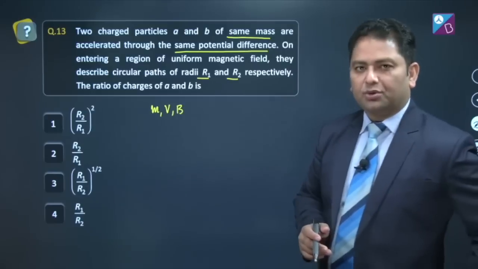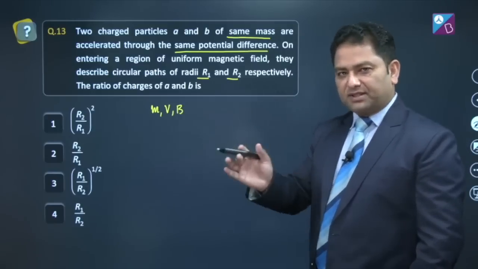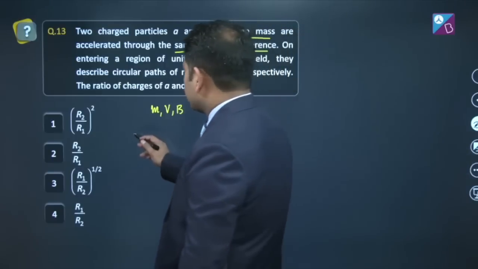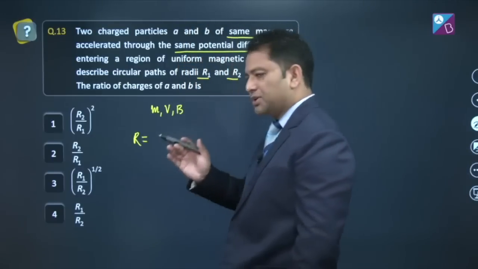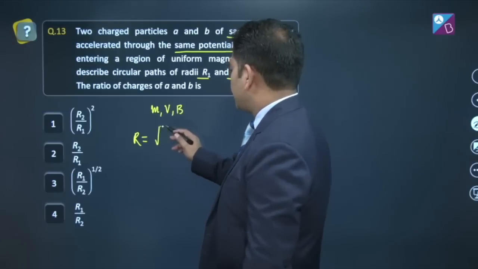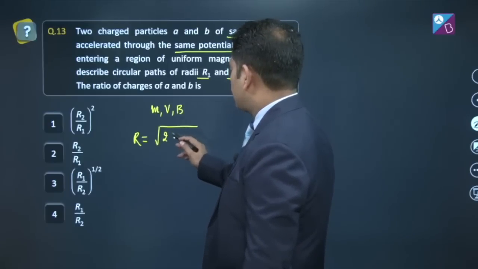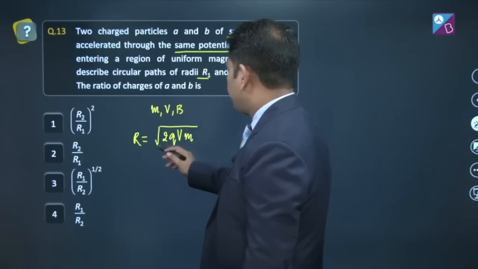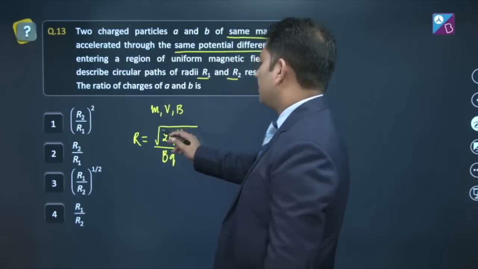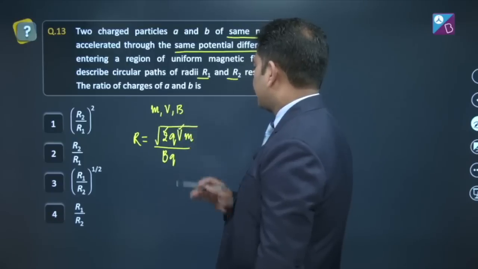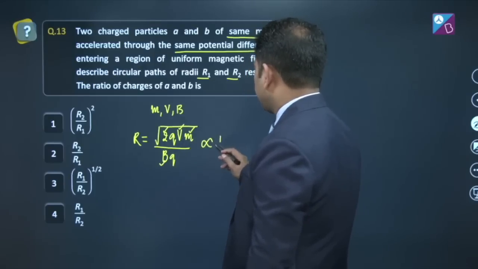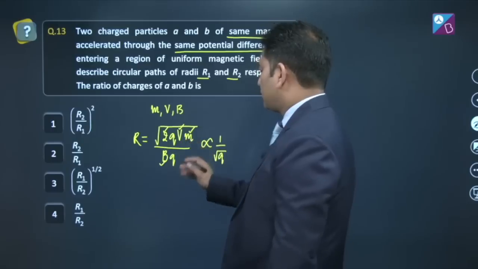This question is related to motion of charge in magnetic field, specifically when it describes a circular trajectory. सर्कुलर ट्रैजेक्टरी के केस में रेडियस के अलग अलग एक्सप्रेशन हैं, हम वो एक्सप्रेशन चूज करेंगे when the charge acquires the speed due to acceleration in an electric field, and that is √(2qVm) divided by Bq. अब जरा ध्यान से देखना कि क्या क्या सेम है. 2 तो कांस्टेंट है, पोटेंशियल डिफरेंस दैट इज सेम, मास सेम, magnetic field is same. कहने का मतलब under this scenario the radius is inversely proportional to root q.